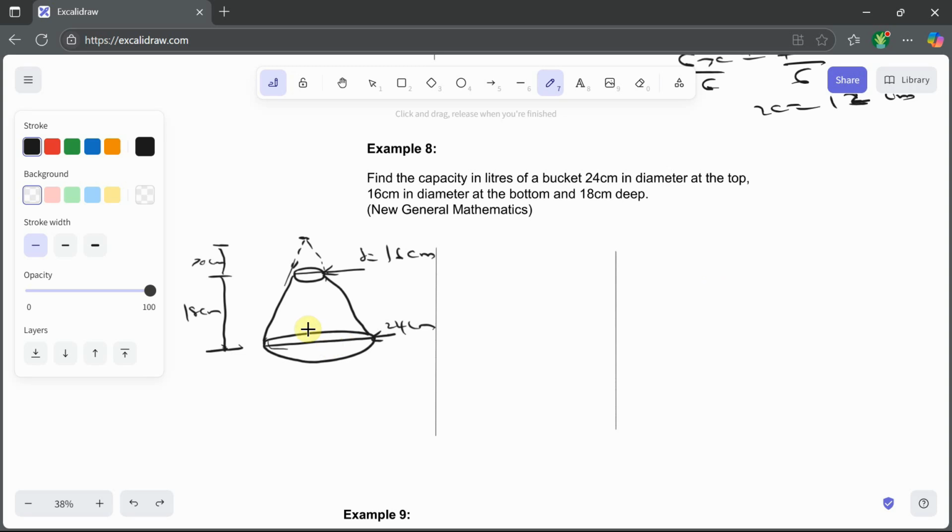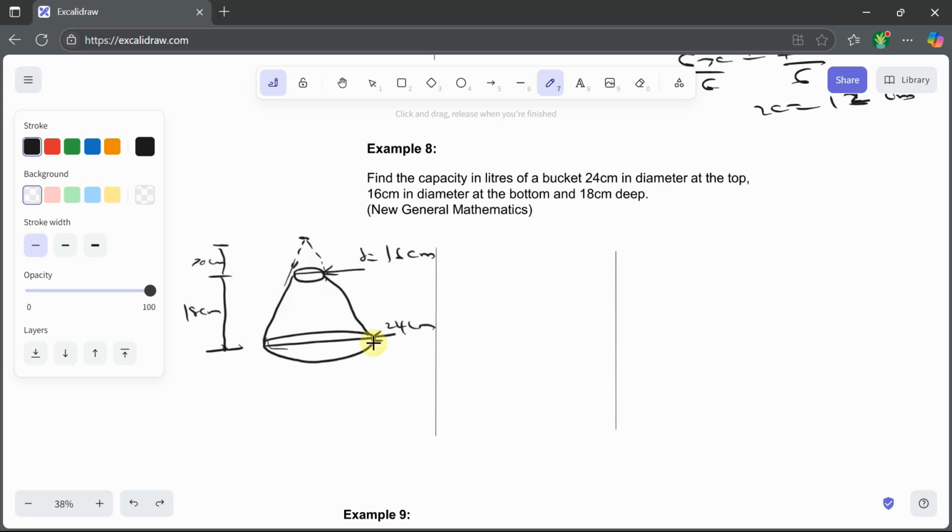So for me to find the capacity, there are different formulas that you see on the internet. I think there's one over three pi open brackets big R squared plus small r squared plus R times r. You can check for that, but I always like to make things very practical and simple. Now for this bucket, you can see that there are two cones.